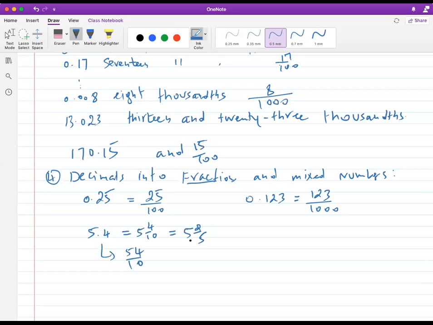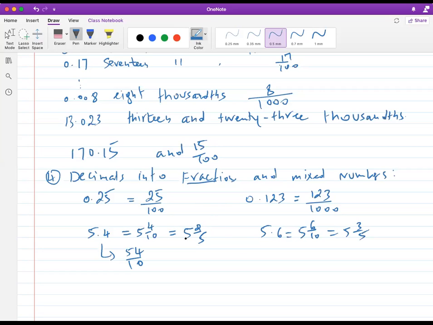So if it's 5.6, let's say it's 5 and 6/10. Do you want to turn it into a mixed number or a fraction? A mixed number. So it would be 5 and what? 5 and 6/10, right? That's right. Or 5 and 3/5.